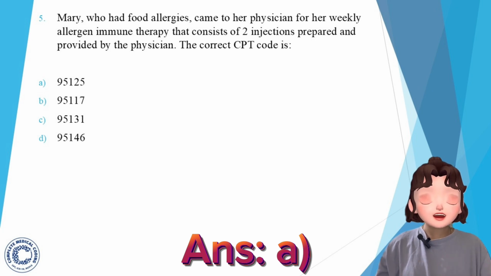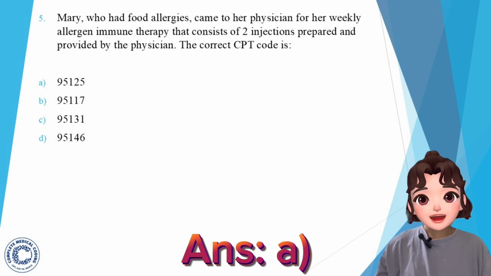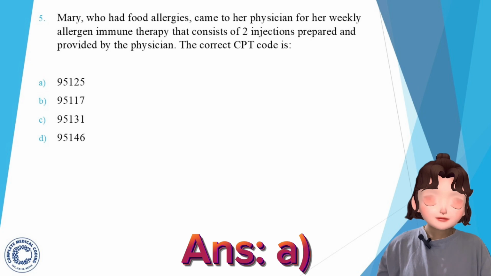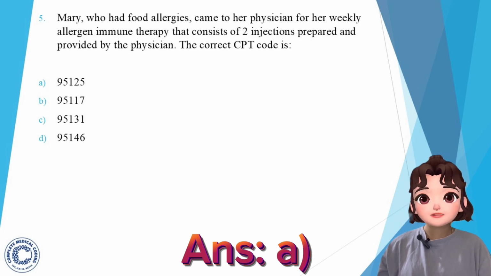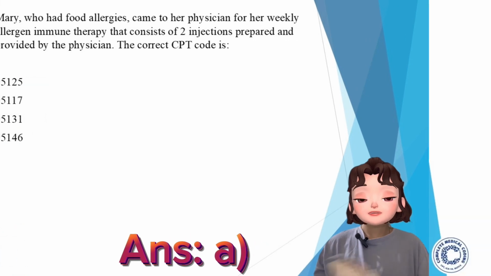The same physician has carried it out. For 2 or more injections, you have to code 95125. So the correct answer is option A, 95125. Options C and D are incorrect, because 95131 is stinging insect venoms. That is incorrect. And 95146 is also stinging insect venoms, which is incorrect.